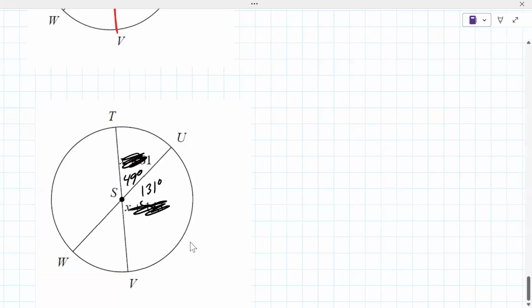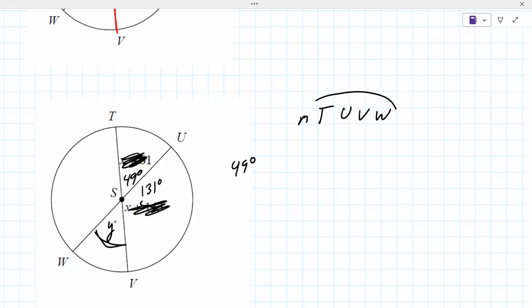Now, can you tell me the angle measure I'll call Y right there? That would also be 49 because they're vertical angles. Very good.